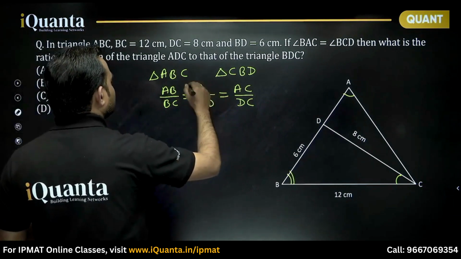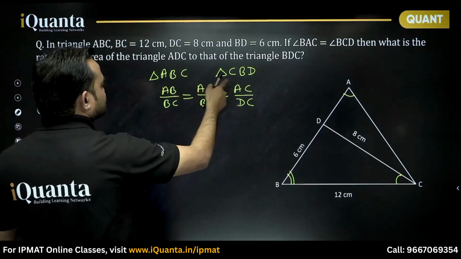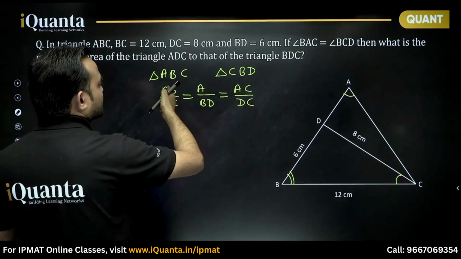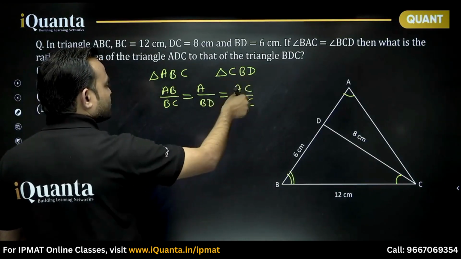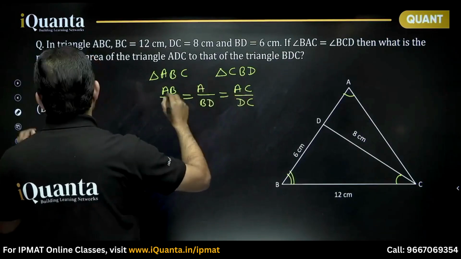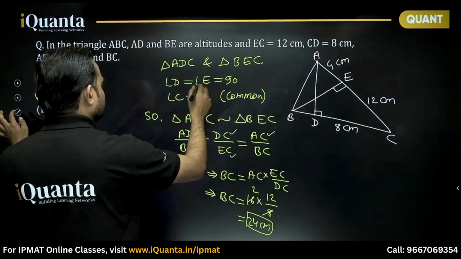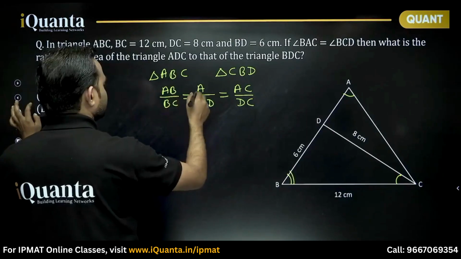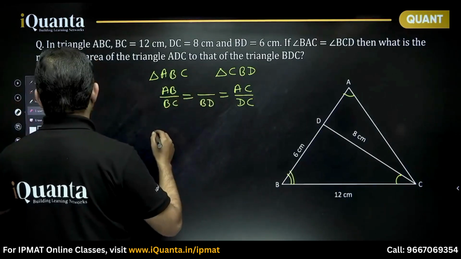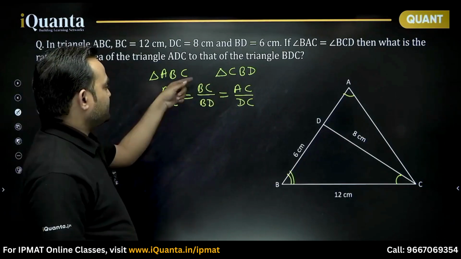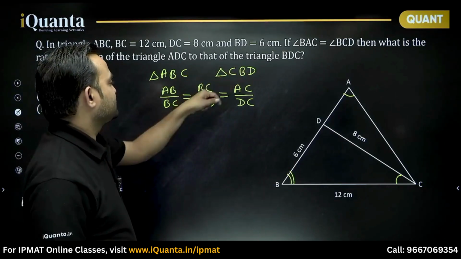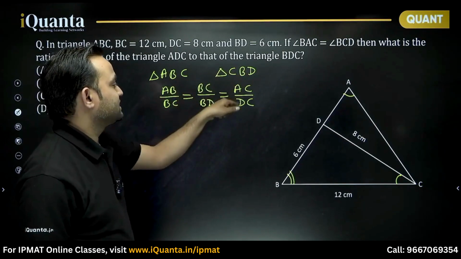This should be AB upon BC, then AC upon CD. This should be BC. Okay, so BC upon BD is equal to AC upon CD.